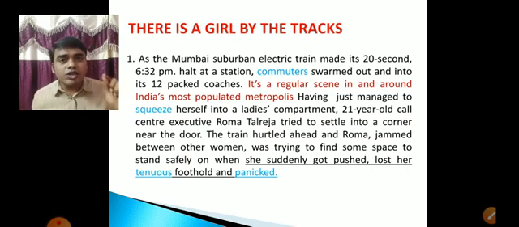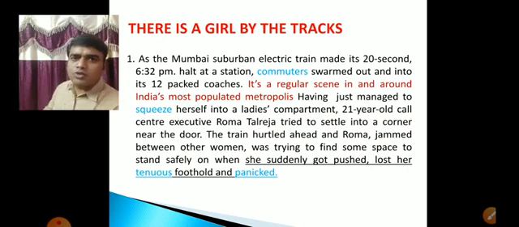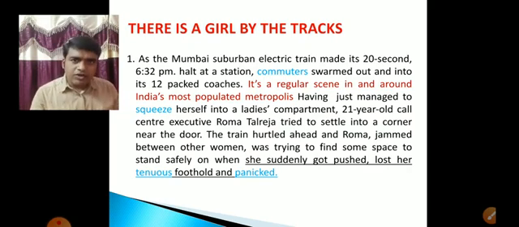Into the ladies' compartment. Every train has a ladies' compartment, children. One of the girls was trying to get into the ladies' compartment, manage to get space there and settle there.